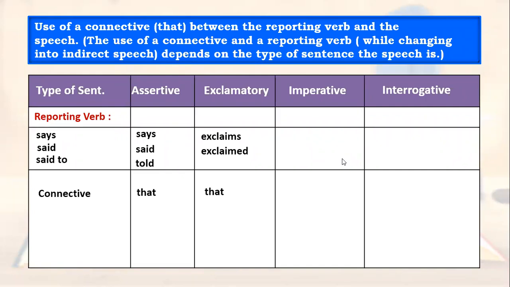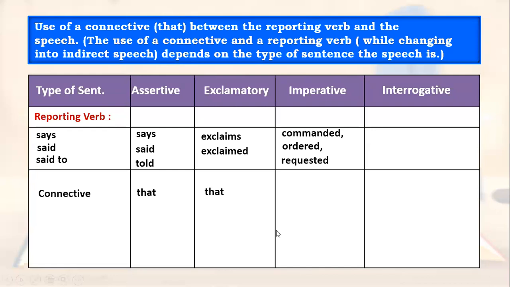Imperative sentences contain order, request, suggestion, advice, command. So in this case, the words like says, said, said to can be changed to commanded, ordered, requested, suggested, advised, wished, prayed, and so on.